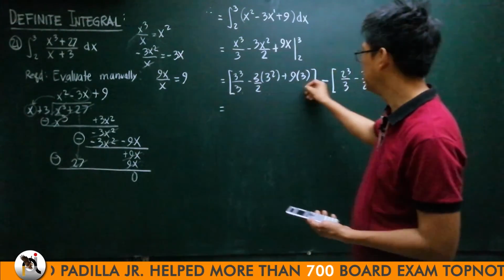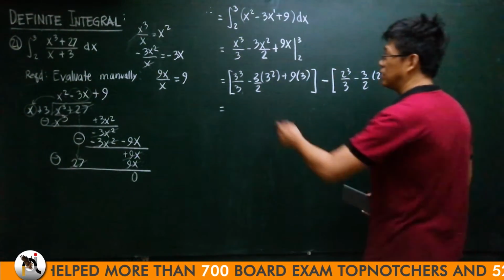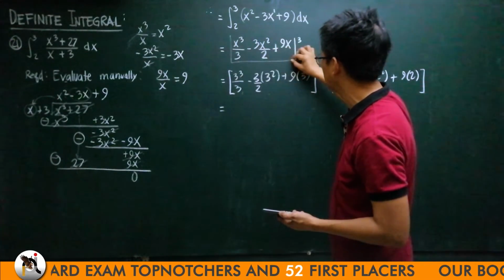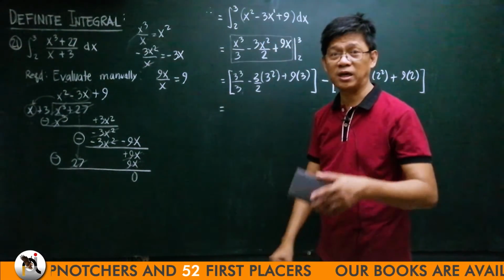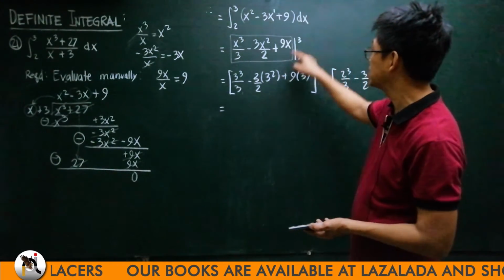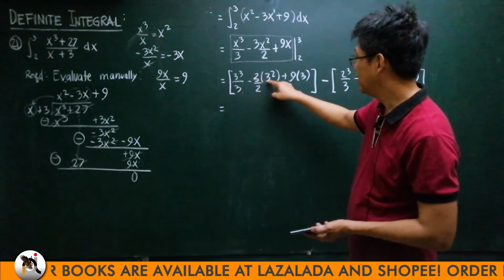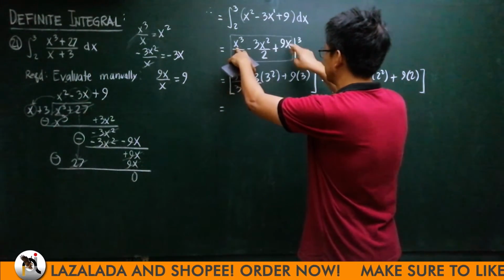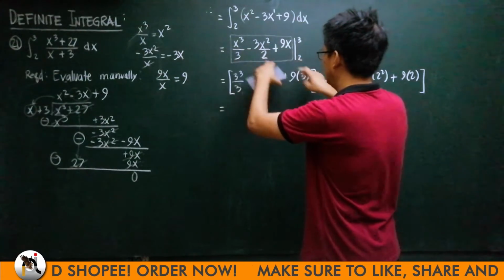Just input this function in your calculator, then press calc. Your calculator will ask you what is your x, input 3. Your calculator will automatically replace all x's with 3.